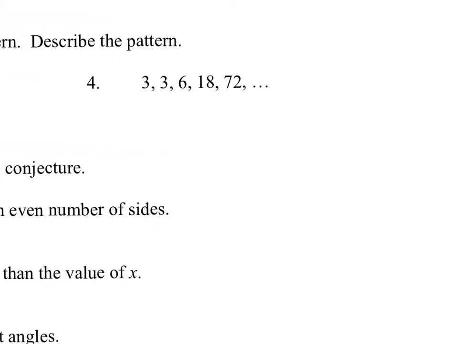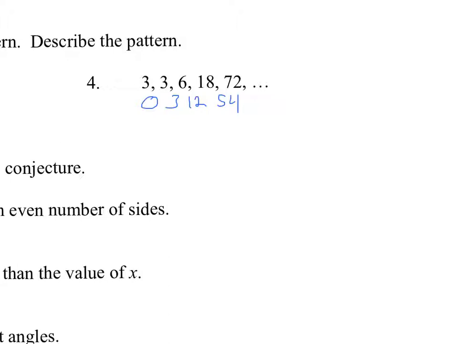Number 4. Alright, what's going on here? I can see it's going up. Is it adding something? Well, here it adds 0, then it adds 3, then it adds 12, then it adds 72 minus 18. Let me get out my calculator here. That's 54.